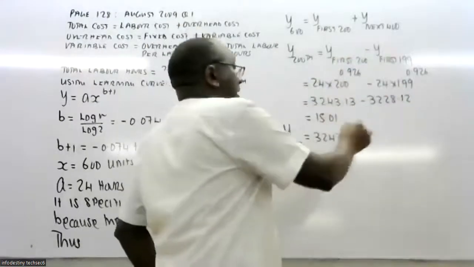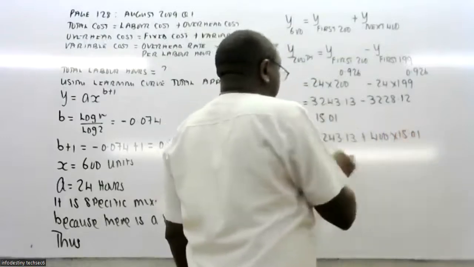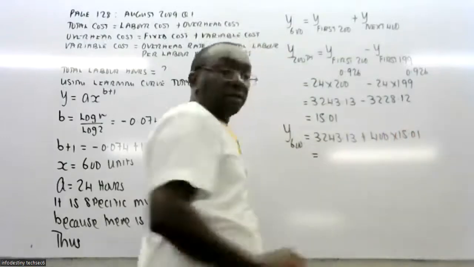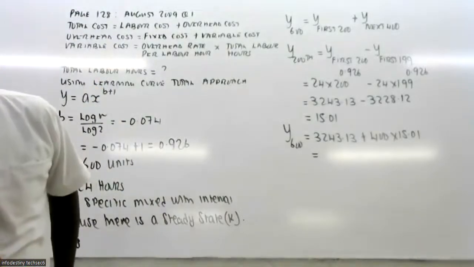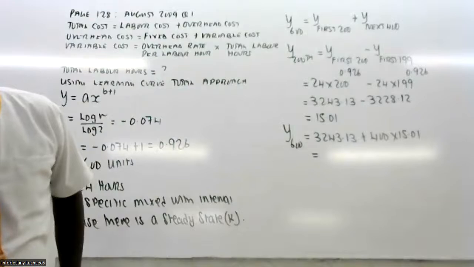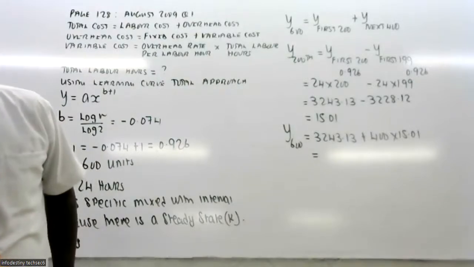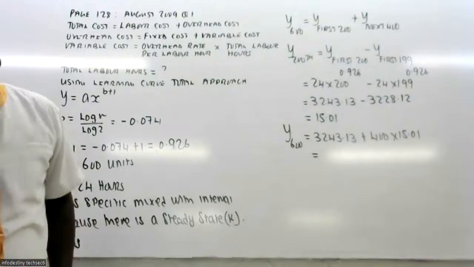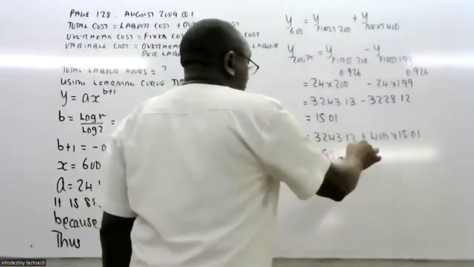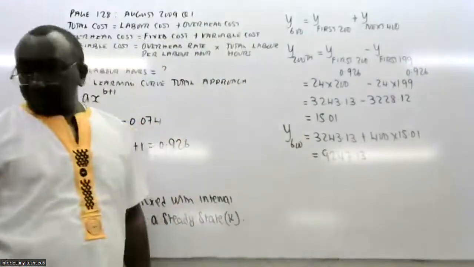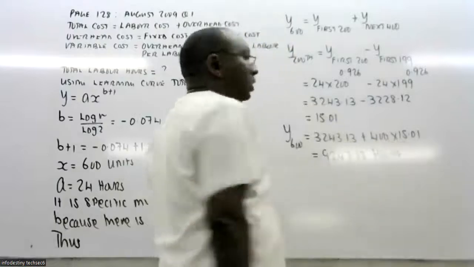So we take 400 multiplied by 15.01, plus that 243.13, which gives 9247.13. And these are hours.